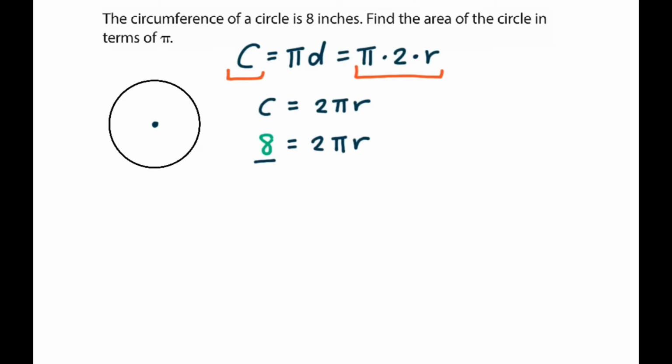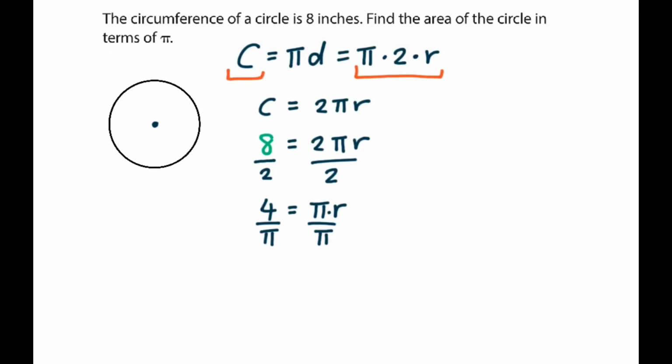First we divide by 2 on both sides, and we get 4 equals pi times r. To isolate r, we again apply the division property of equality, because the inverse operation of multiplication is division. So we divide by pi on both sides.